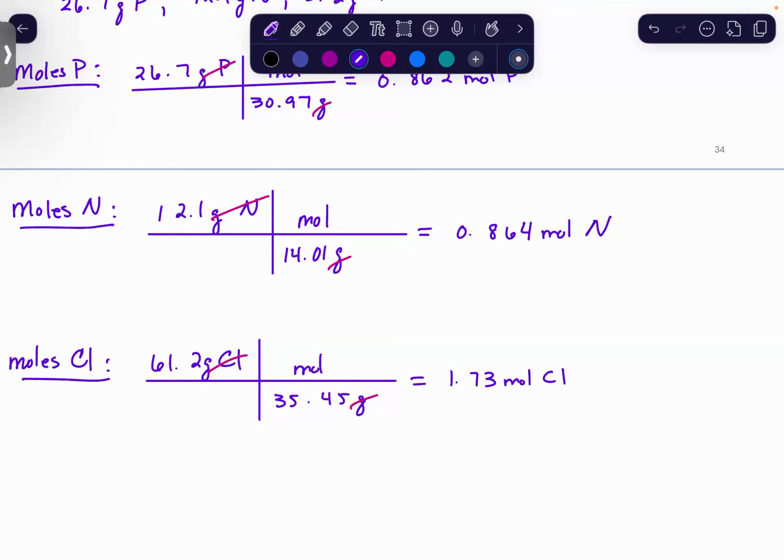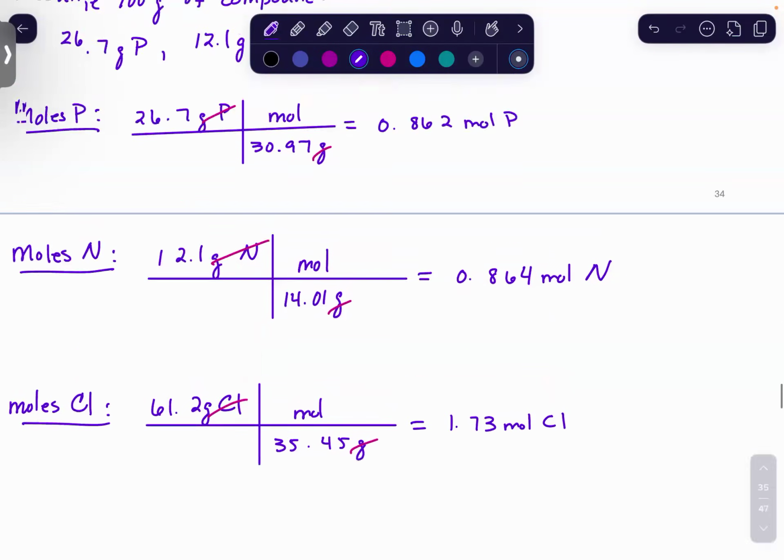moles of chlorine. Now, the reason I can do this, the reason I can assume 100 grams, is if I have more of my original compound, I'll have more of these atoms. If I have less of my original compound, I'll have fewer moles of these atoms. But the thing is, the ratios between them will always stay the same. So I can assume any amount of my compound that I need to.